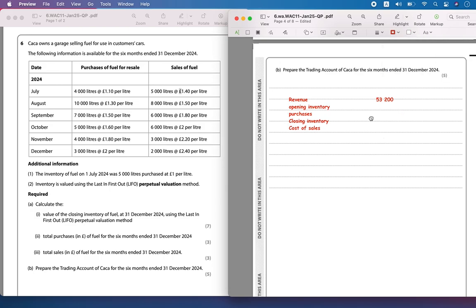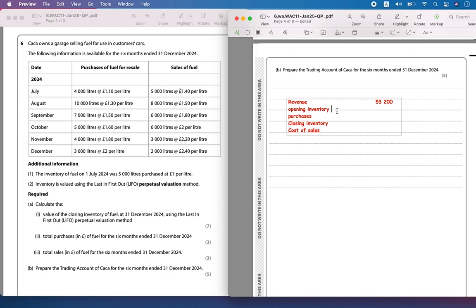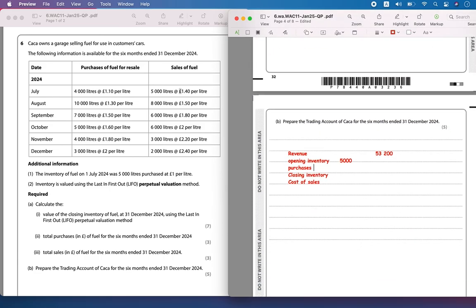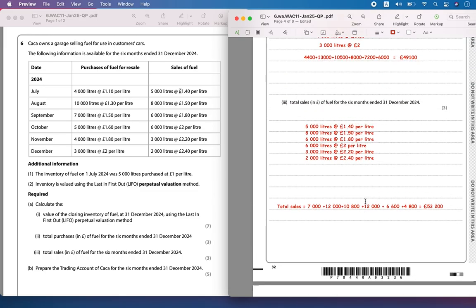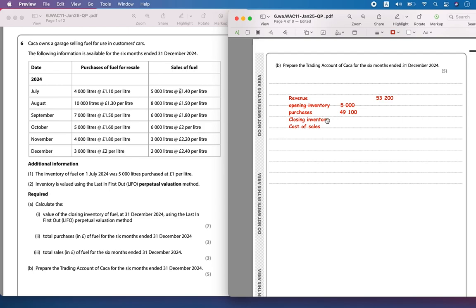The closing inventory value we had calculated. The opening inventory was 5,000 pounds. The total purchase cost was 49,100, and the value of the closing inventory was 10,400, so less closing inventory of 10,400.